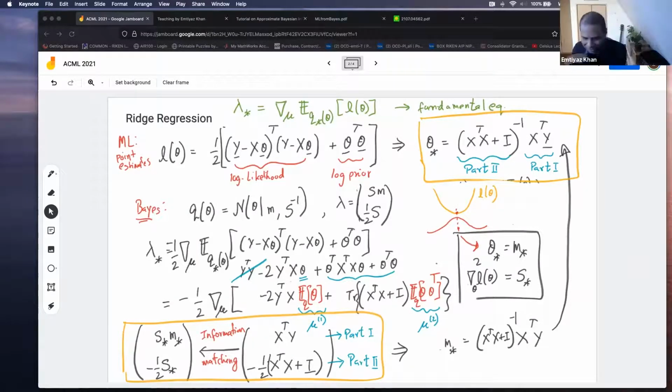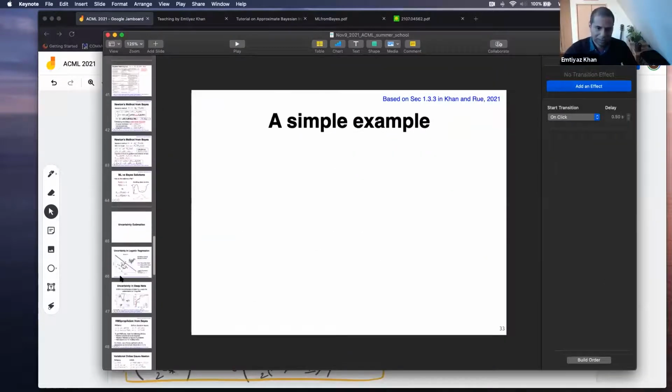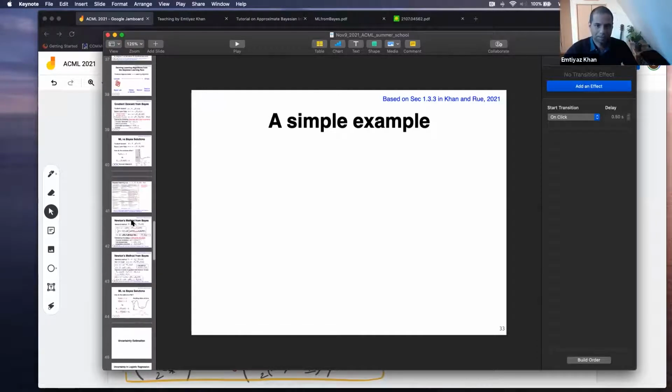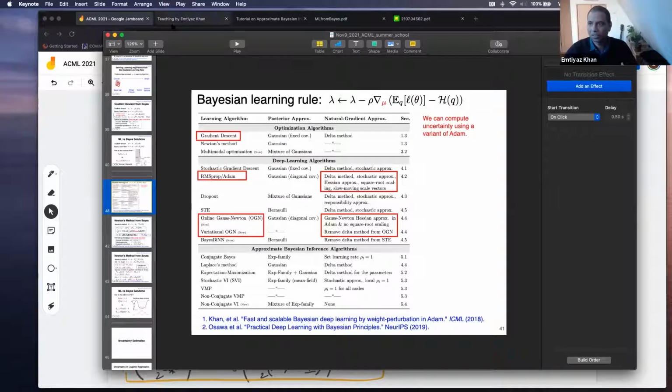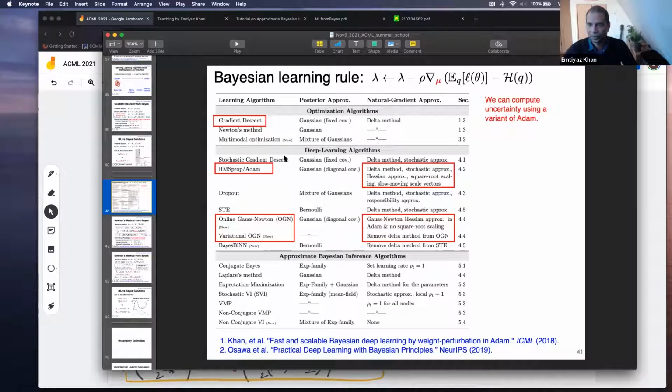Okay, so Arun has a question. The Gaussian Q assumption is always done? No, so you can do, sorry, let me show the slides. In this table that we have in the paper, we have a lot of examples.